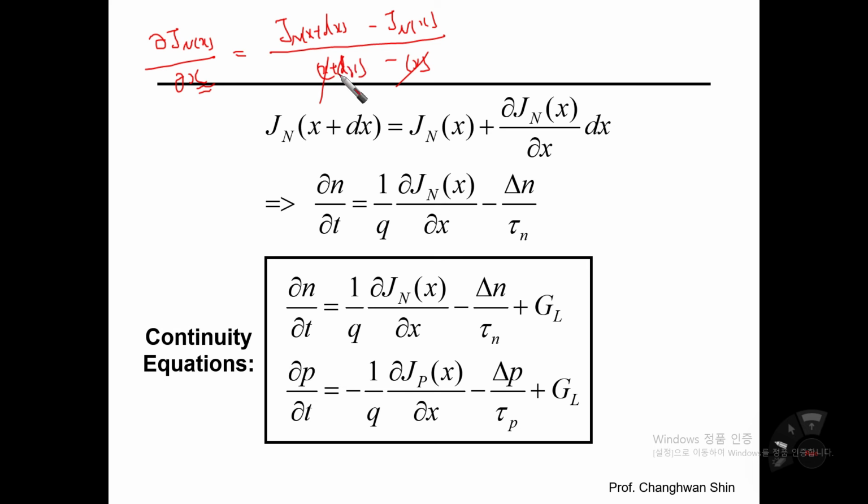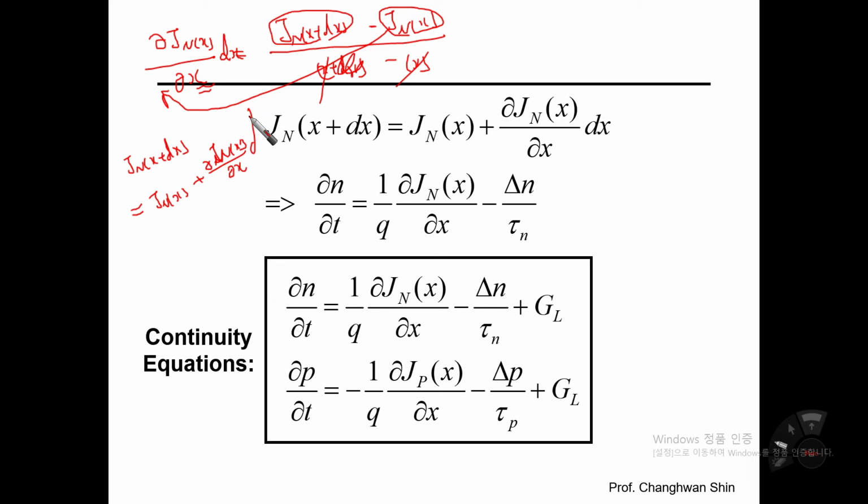If I move dx here, and now move this term on the left hand side toward the left, then J_n at x plus dx is equal to J_n at x plus round J_n over round x times dx. So this equation can be found in the very first line.